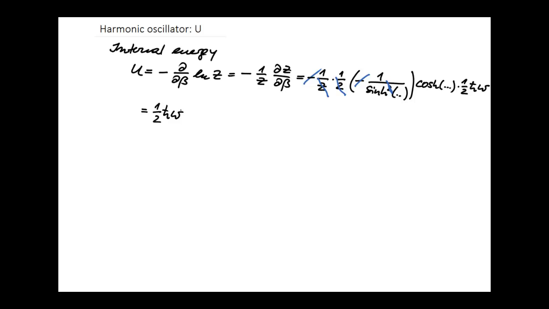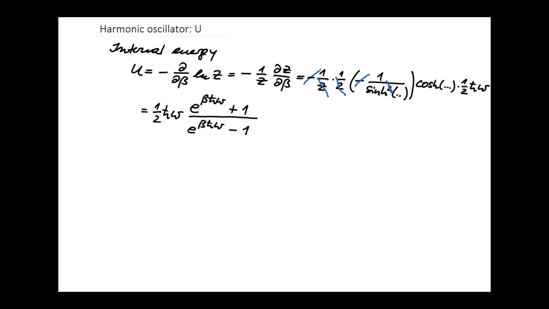And we can factor out once again an exponential e to the 1/2 h bar omega times beta, and what remains is e to the beta h bar omega plus 1 over e to the beta h bar omega minus 1.